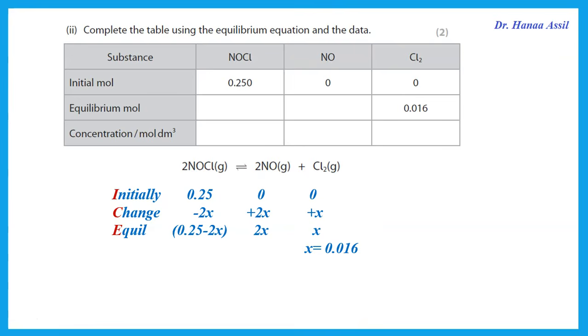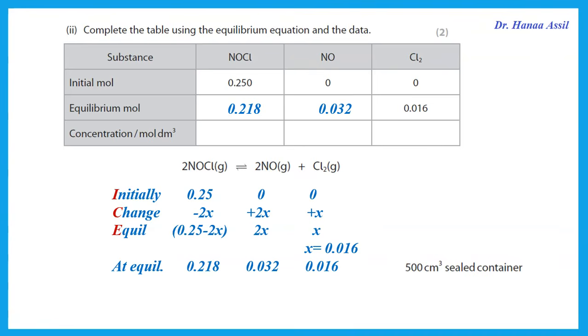Now, put that into each of these. That means at equilibrium, I have the rest of the 0.25 of NOCl, and 2X for NO, because the coefficient of NO is 2, so 2 times 0.016, and 0.016 of the chlorine. So these are the equilibrium number of moles, and then we need to get the concentration.